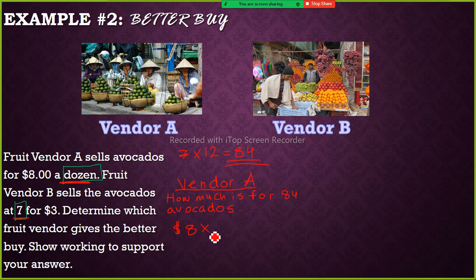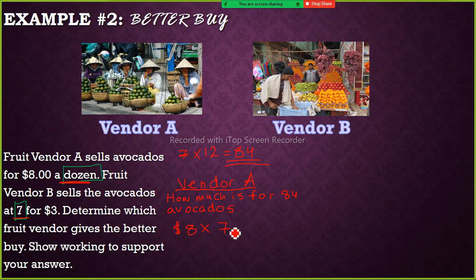8 times 7, because for the first $8 we give them, we get 12. The second $8, we get 24. The third $8, we get 36. The fourth $8, we get 48. The fifth $8, we get 60.